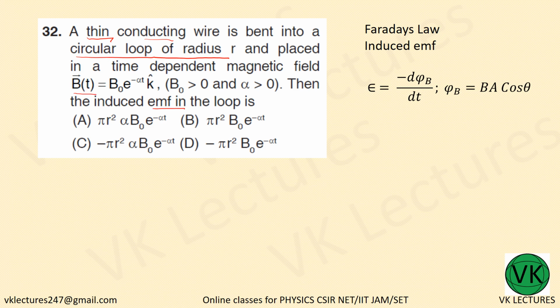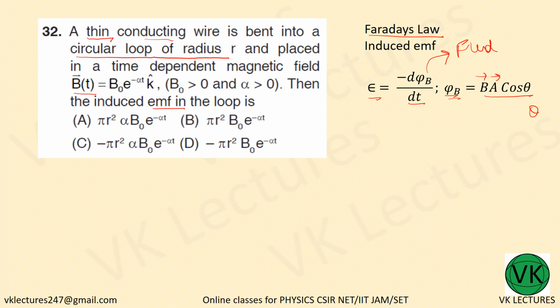Then induced EMF according to Faraday's law is equal to E is equal to minus d phi b by dt, total time derivative of phi b, which is nothing but flux. Now phi b is given by BA cos theta, where theta is the angle between B magnetic field and the area vector A.